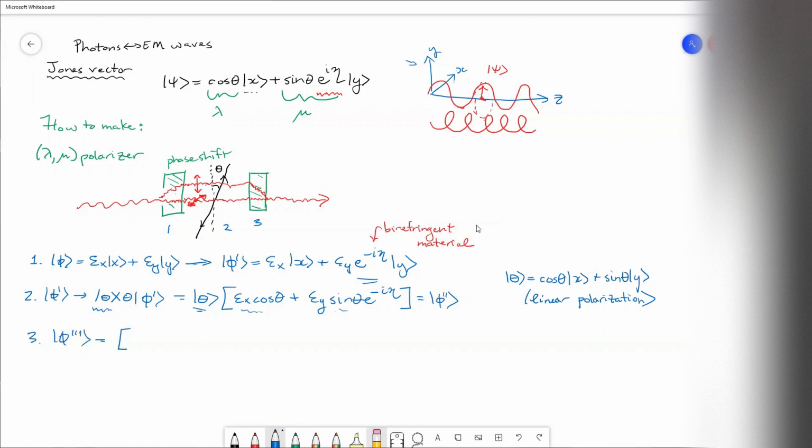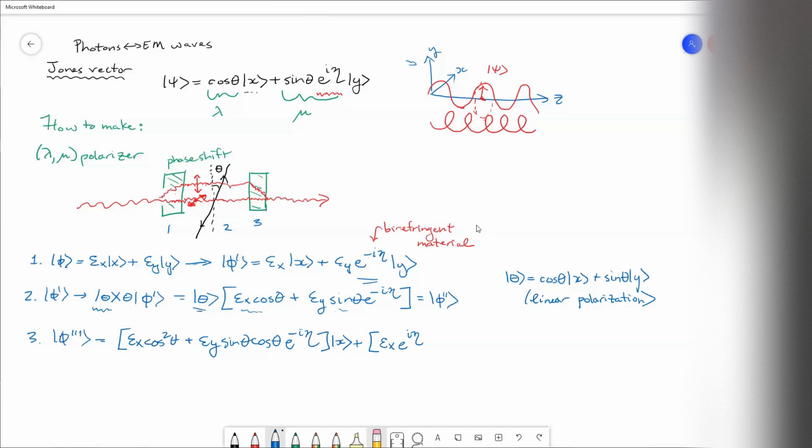After the phase shift, the X component doesn't change. So you just get EX cosine squared theta plus EY sine theta cosine theta e to the minus I eta, multiplied by X. And then for the Y component, you get the opposite shift, so a plus I eta.